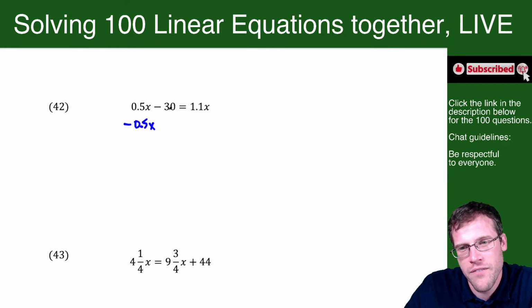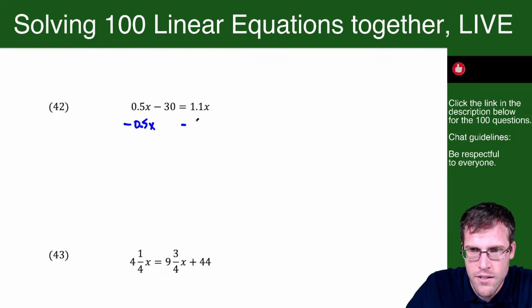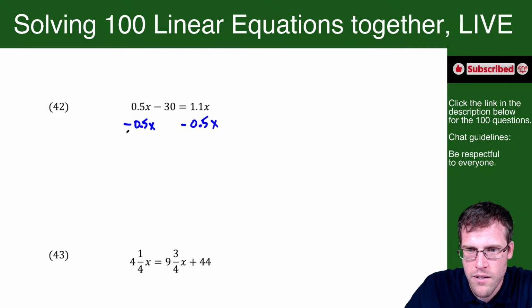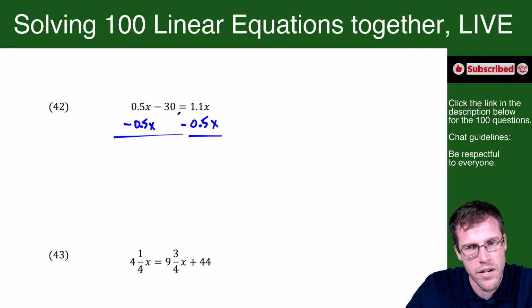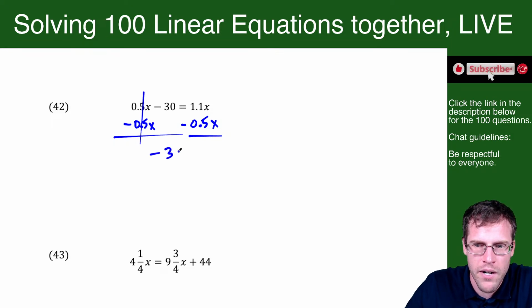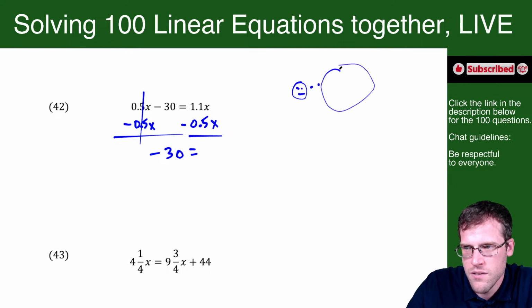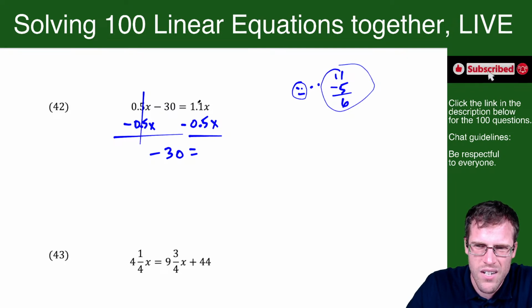All right. Subtract 0.5x on both sides. I know we're so used to having the x's on the left. And some people aren't, you know, ambi-xers, but it's really nice if you can move your x's to the right as well. So these cancel, and you've got minus 30 equals. This, in my head, I'm thinking is like 11 minus 5 is 6, except with a decimal, so 0.6.